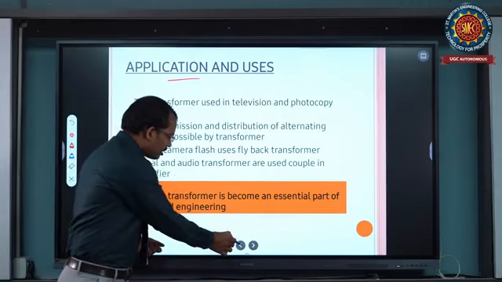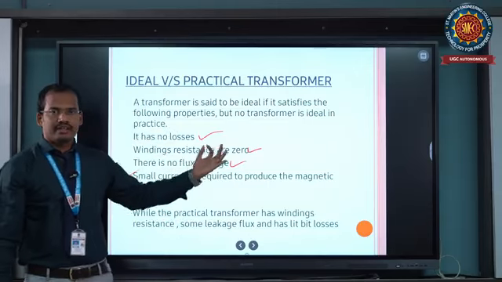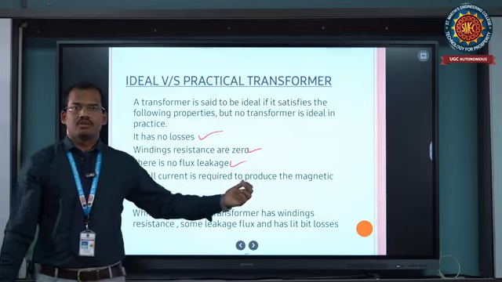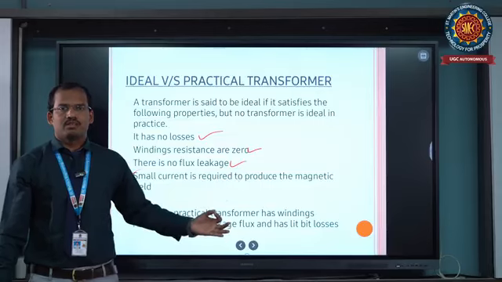This is the overall concept of the single phase transformer, and similarly it relates to the three phase transformer also. So this is the total working and construction of the transformer. Thank you.